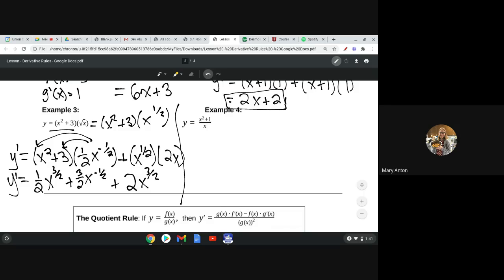Those x to the 3/2. So this equals 5/2 x to the 3/2, plus 3/2 x to the negative 1/2, which is 1 over x to the half, which is 1 over root x. So this is 5/2 x to the 3/2 power, plus 3 over 2 square roots of x.